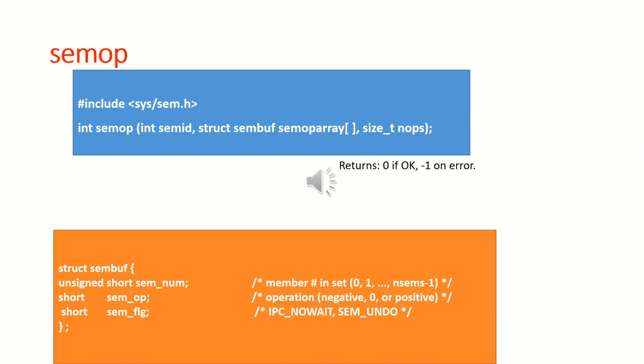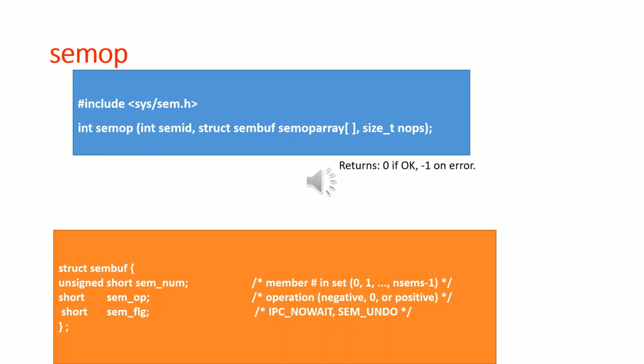Since the caller is about to go to sleep, the calling process is suspended until one of the following occurs. First, the semaphore's value becomes greater than or equal to the absolute value of sem_op. That is, some other process has released some resources.